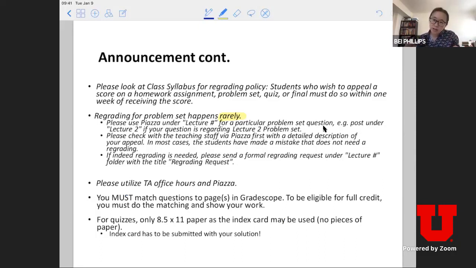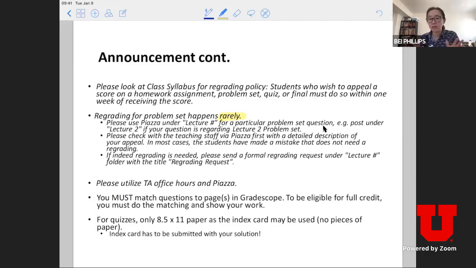But in some rare cases, which typically happen when, for example, it's asking for a particular logic expression and you put extra parentheses in there, the Canvas grading would not be able to take care of those very rare scenarios. So if the TA decides it is indeed a case that requires regrading, then what we ask you to do is, in the same folder, send a formal request with the title regrading request.